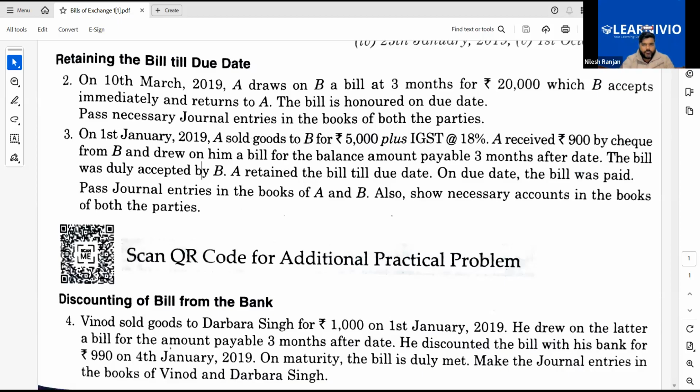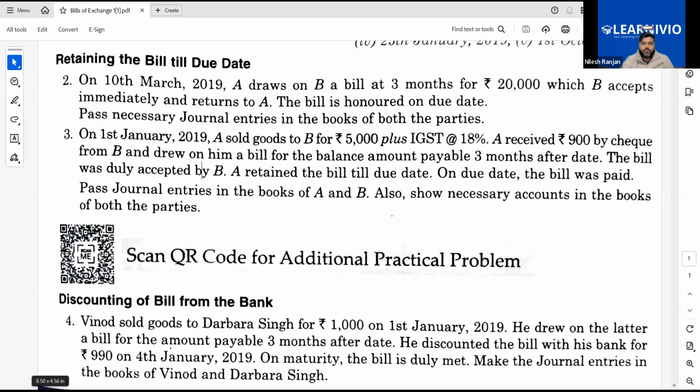So the first entry will be the same, right? What is the first entry then? No, the first entry will be the same in the sense that it will be for acceptance of bill from drawer. I'm talking about that.